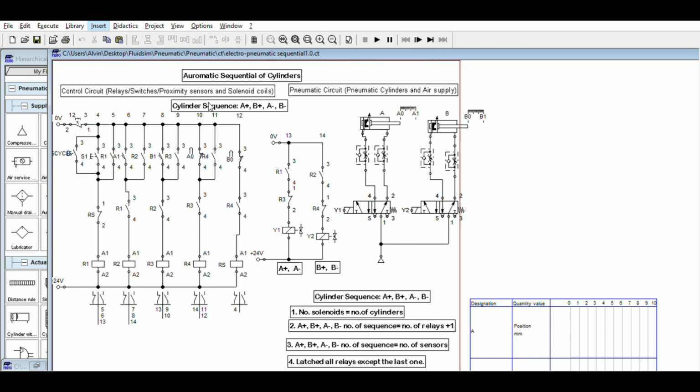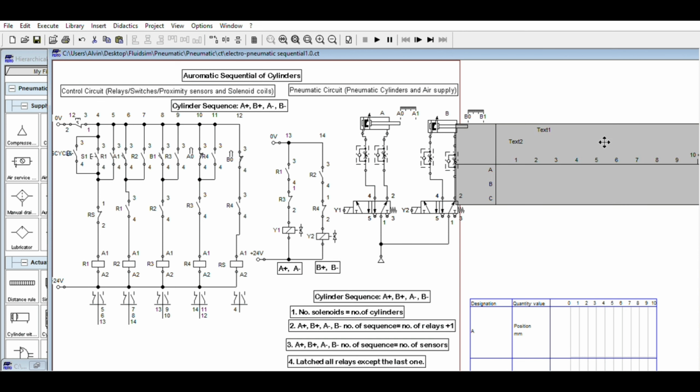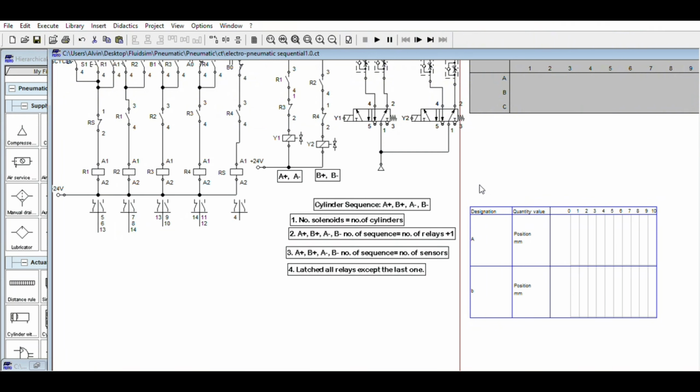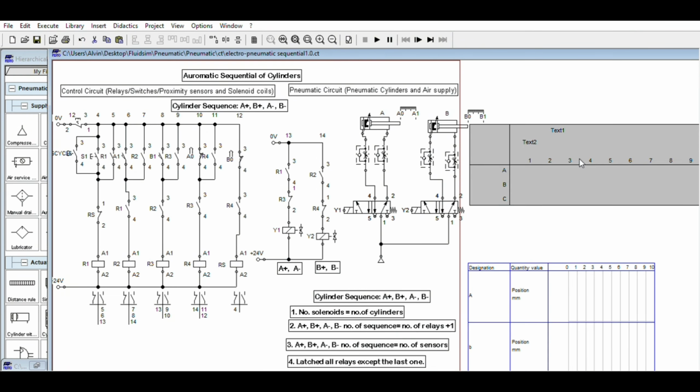Insert function level. This is basically the graphical presentation of this one.